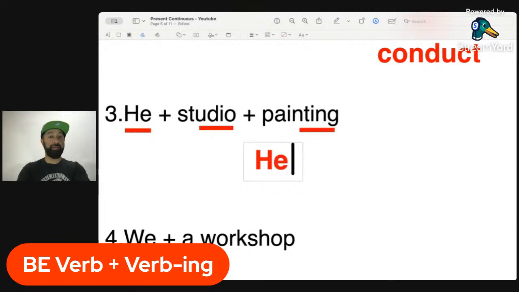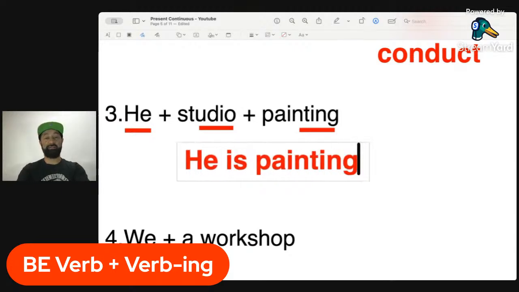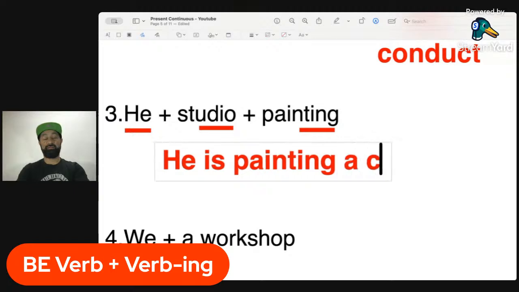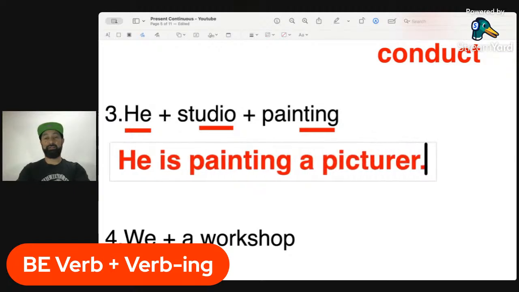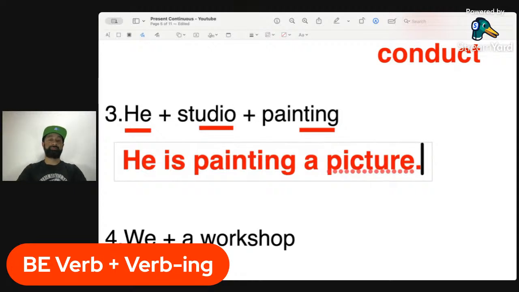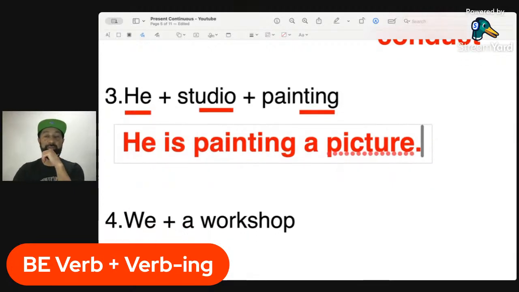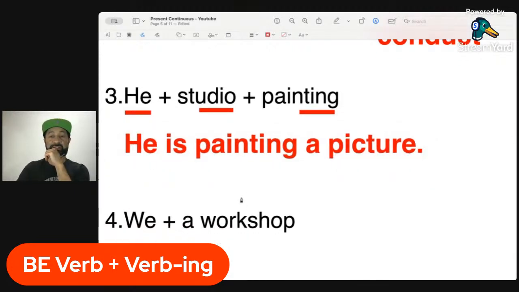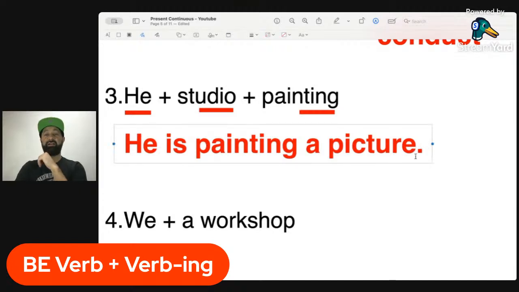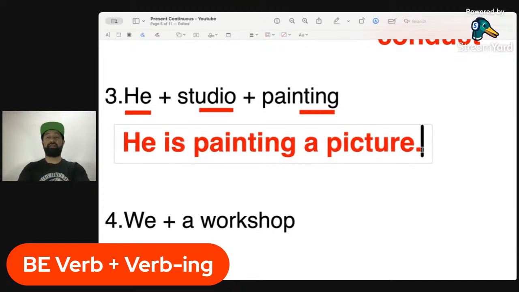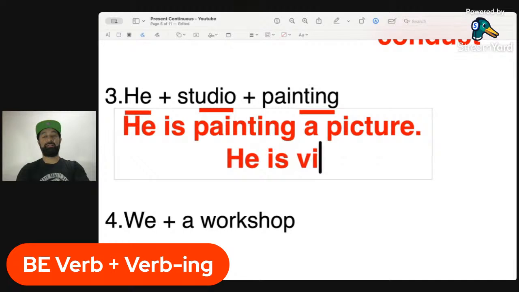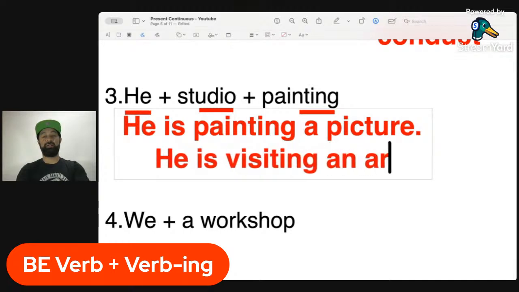A simple one is he is painting. He's painting a picture. Okay, that's a simple one. You can have many different answers. Let's say he is visiting an art gallery.